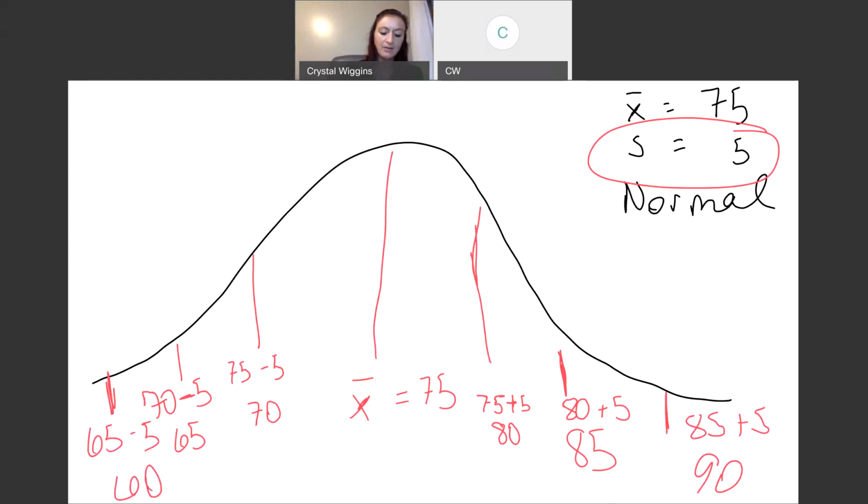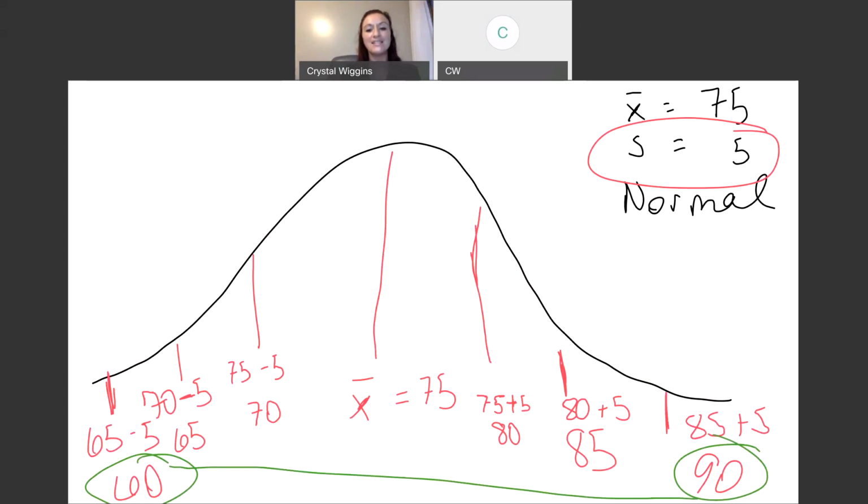And now the empirical rule tells me that 99.7% of the data falls within 3 standard deviations.